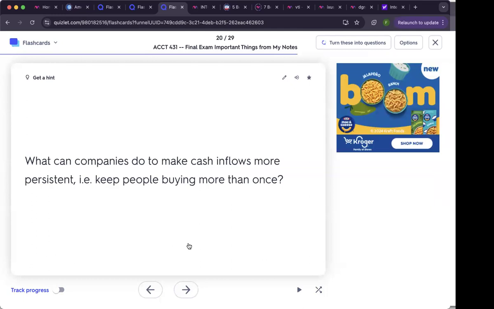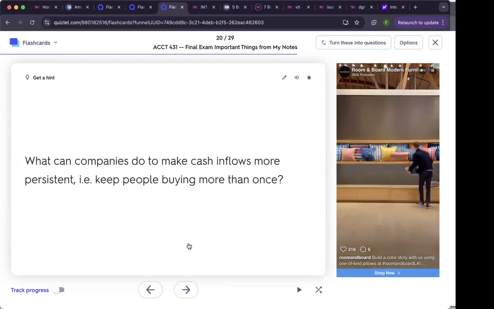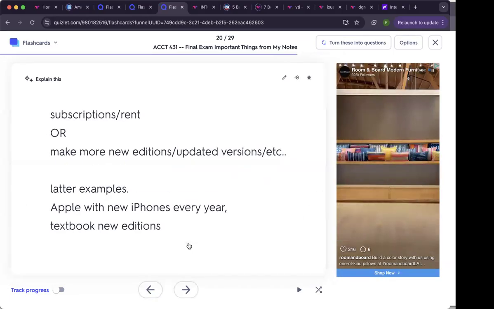Similarly with iPhones, or laptops or iPads, you only really need one until it craps out. So what will keep the revenue for companies even more persistent than consumers buying basically one and done? You can do subscriptions or renting, or make new editions, updated versions, etc.